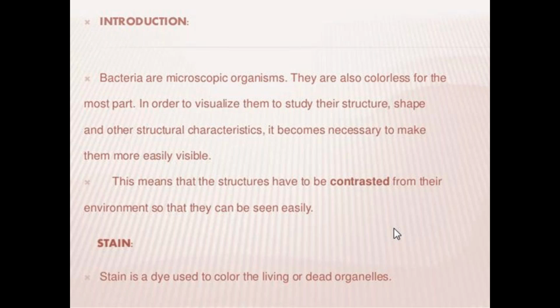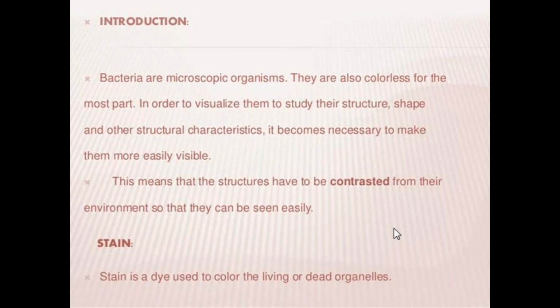Stains or dyes are mainly used for the visualization of microscopic organisms. Different microorganisms have different structural arrangements and different shapes, and based on these differences, different types of stains are present.